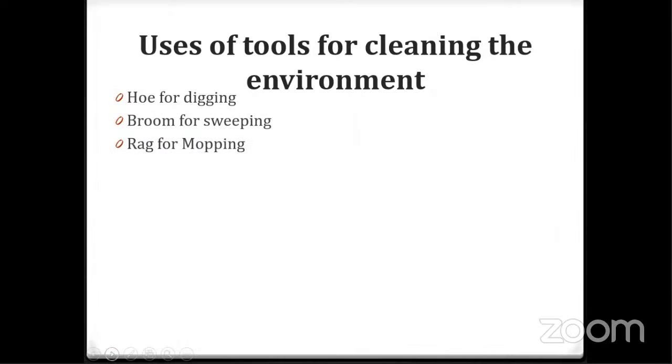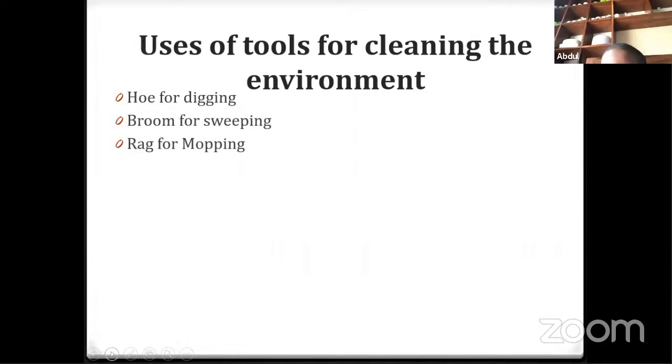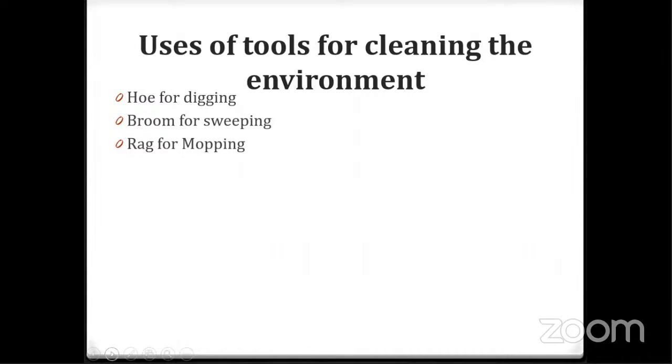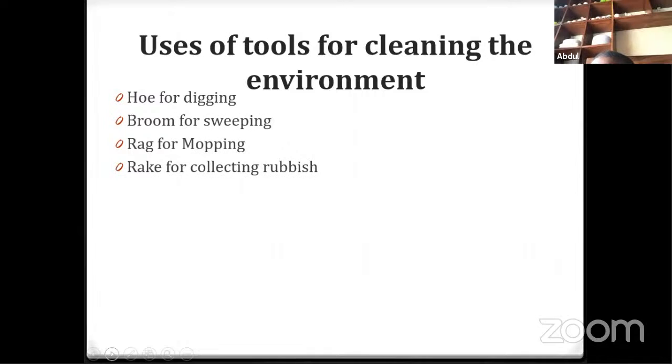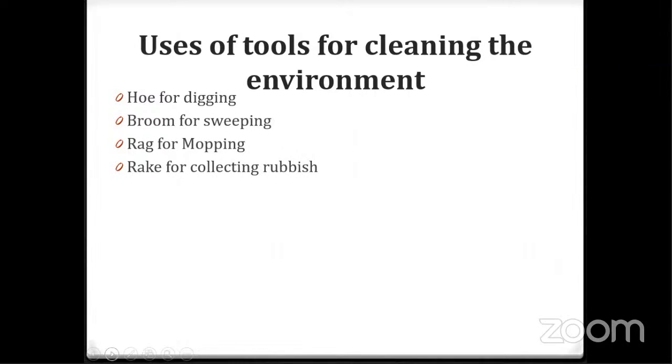We have Linus. What is the use of a rag? For mopping. We have Abdul. What is the use of a rake? Raking grass. What is the use of a rake? You read from here.